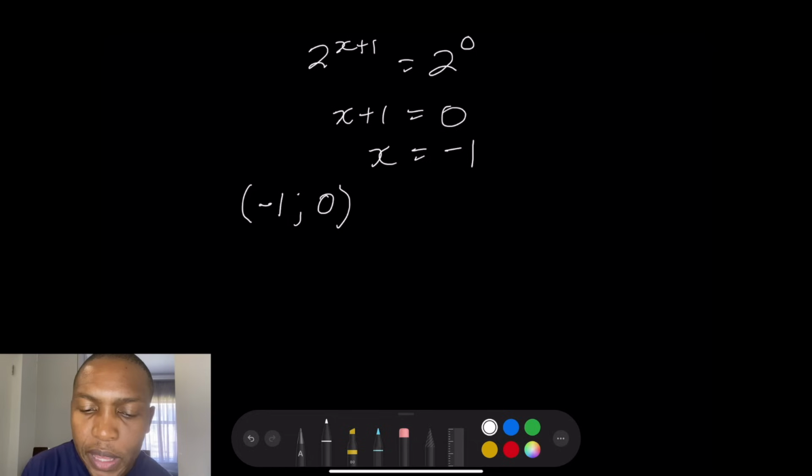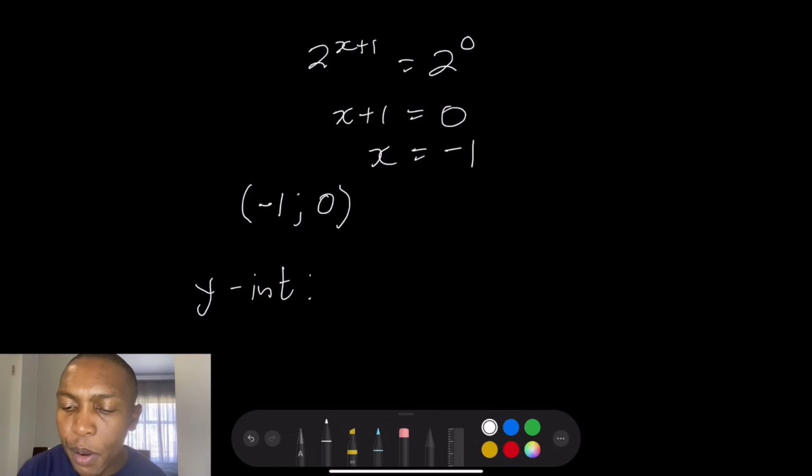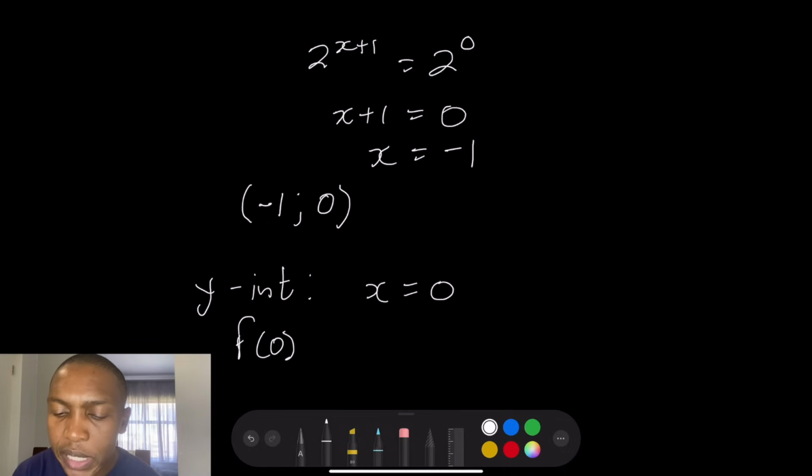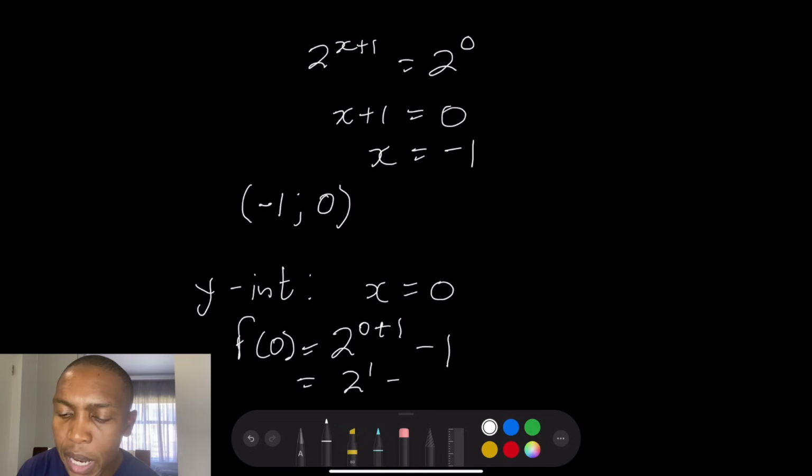And then we find the y-intercept. Remember what happens at the y-intercept. We know that x is equal to 0. So it means that we're going to take our f of 0. Everywhere we see x, we are going to substitute with 0. So this is going to be 2 to the power 0 plus 1, minus 1. So what do we actually have? We have 2 to the power 1 minus 1.